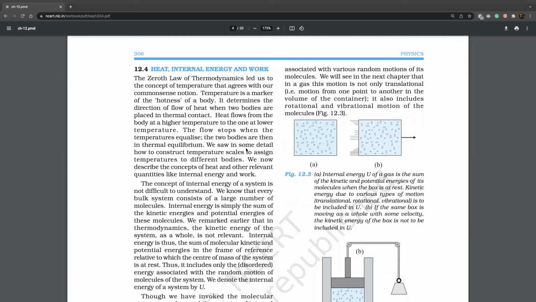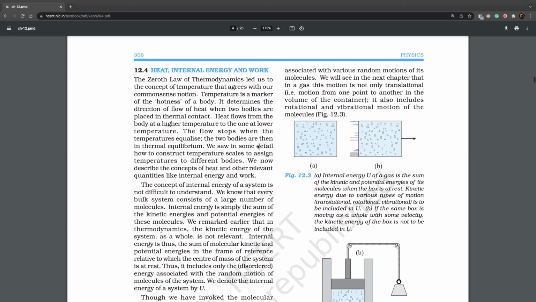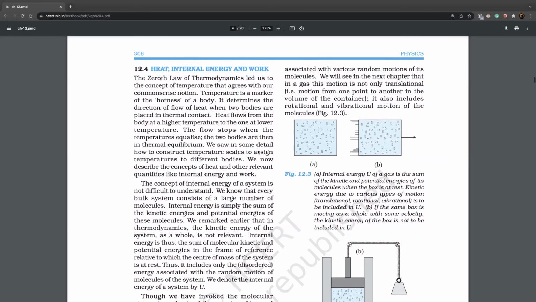We'll see ahead, an ideal gas or an ideal system usually doesn't have potential energy, because there's no attraction between its molecules, and therefore we usually don't consider potential energy. But obviously, in real life, we don't have an ideal system. Therefore, kinetic energies and potential energies summed up can be seen as the total internal energy of a system.